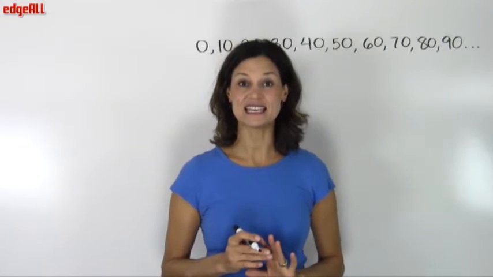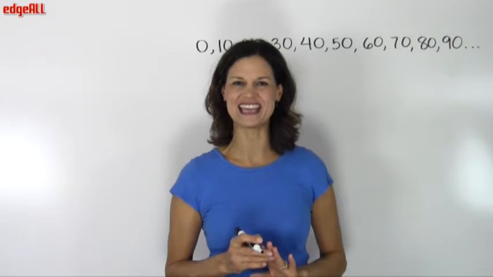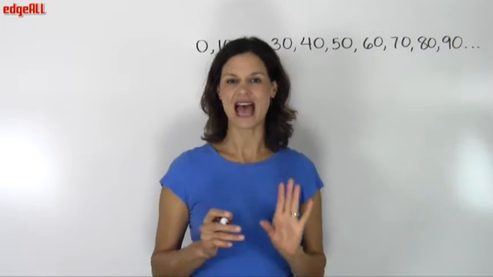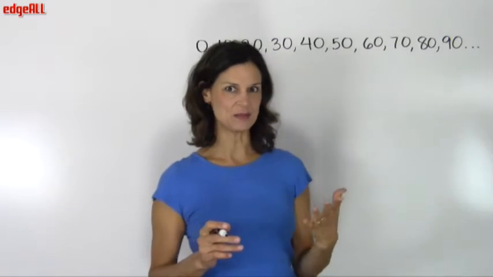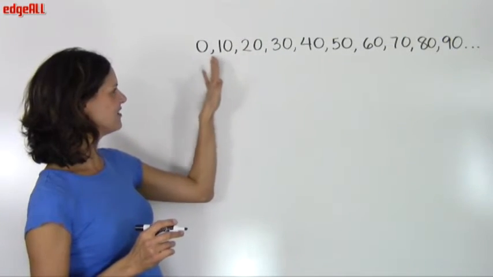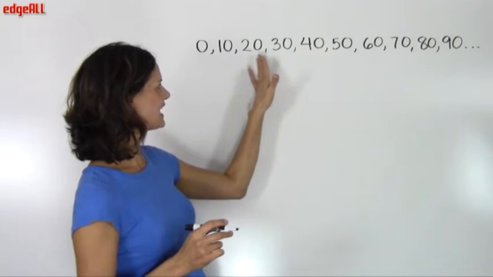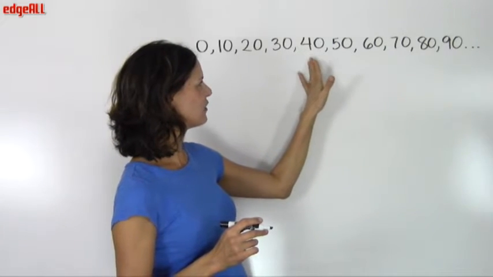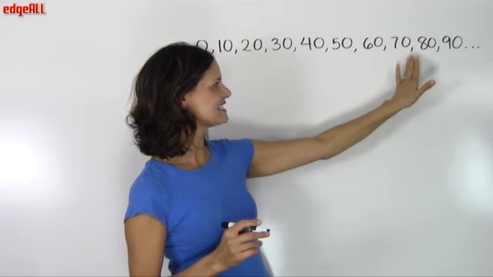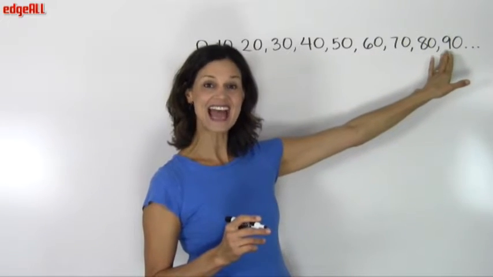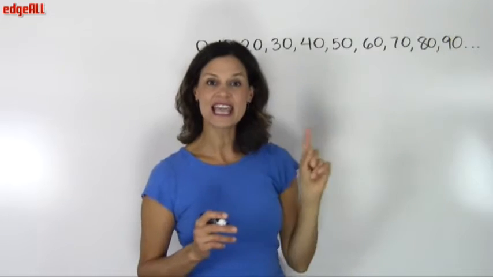Let's revisit Count by 10 quickly. If we count up from 0 by tens, the numbers would be 0, 10, 20, 30, 40, 50, 60, 70, 80, and 90. Now look carefully.